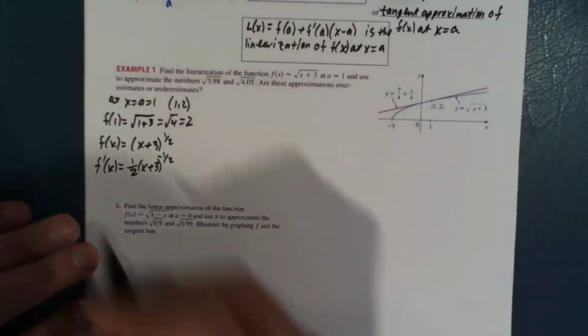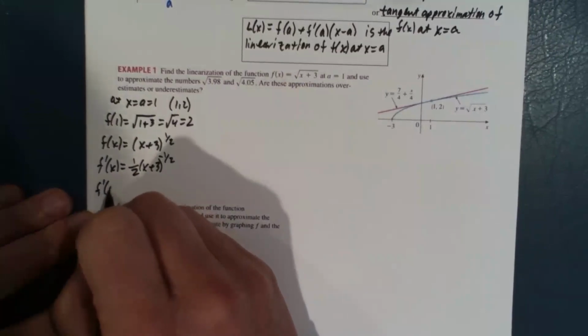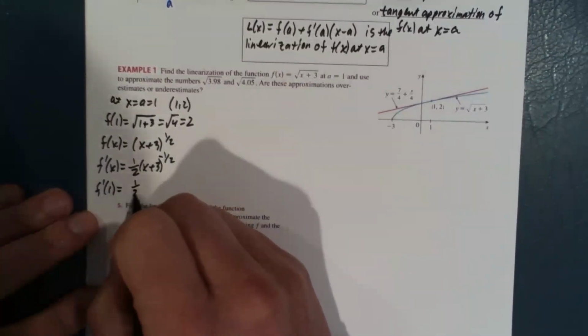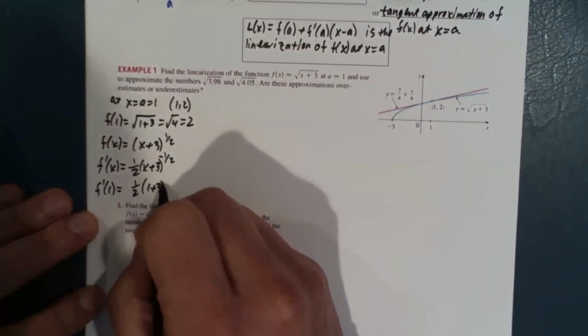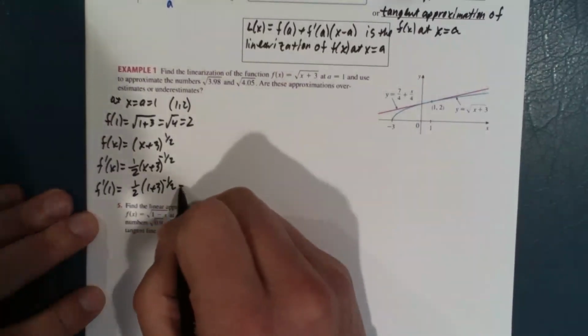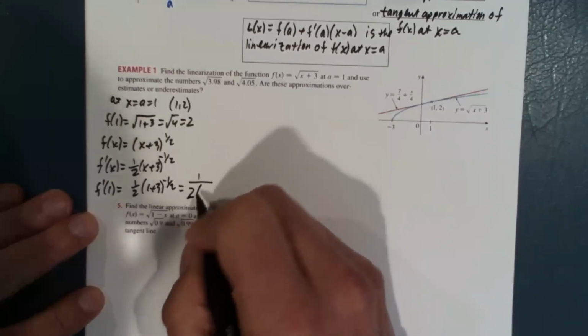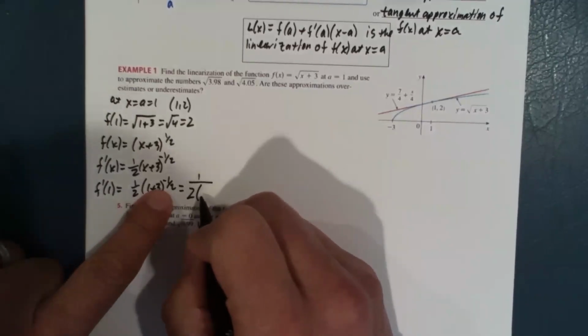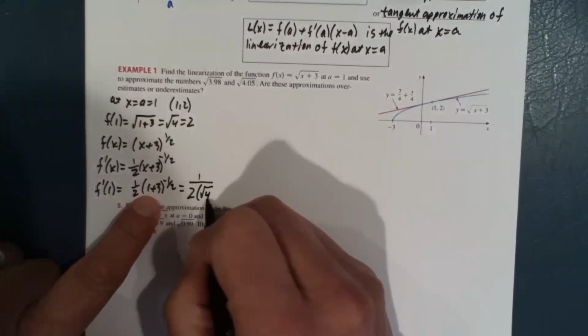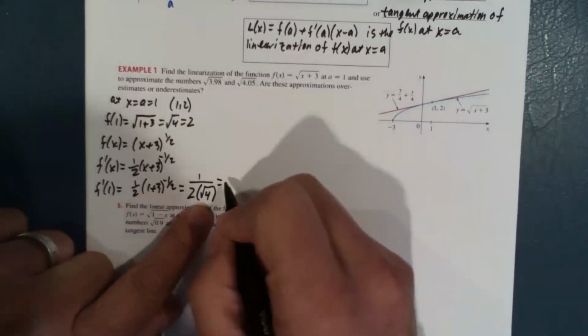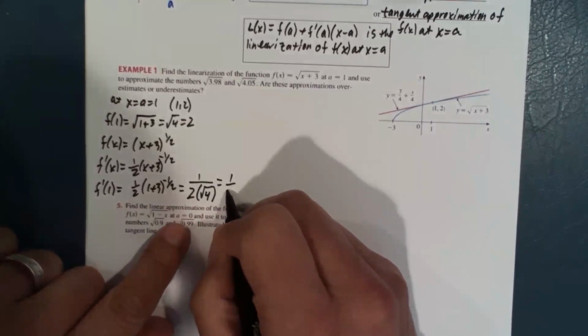When I plug in f prime of 1, I get 1/2 times 1 plus 3 to the negative 1/2 power. Keep in mind the square root comes down here, that's root 4. Root 4 is 2, of course, which means our slope is 1/4.